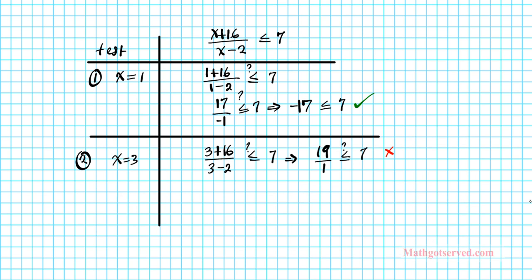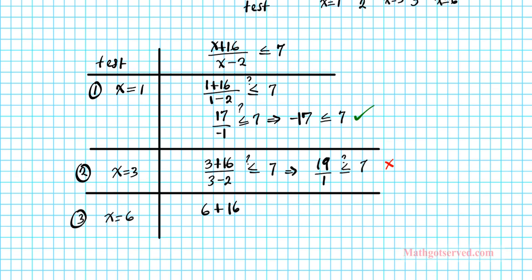Are we done? No, we got to test interval 3. Same procedure. You have to test every interval. You can't make any assumptions or you can make mistakes. Okay, so interval 3, we're testing x equals 6. The question is 6 plus 16 divided by 6 minus 2, is it less than or equal to 7?